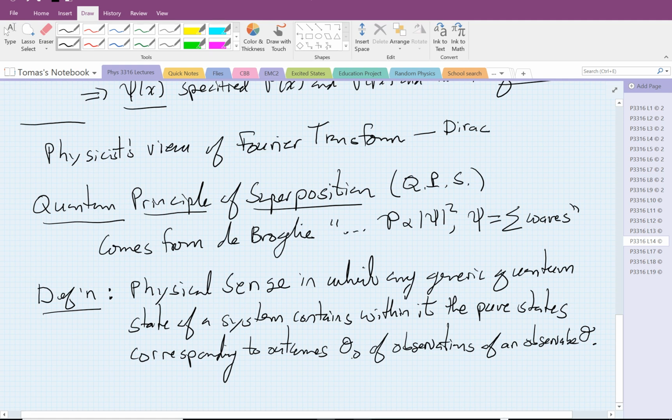These pure states somehow come out of the initial generic quantum state. So for that initial state to yield these pure states upon measurement, they must somehow be contained within the initial state of my system. So maybe I'll make it any initial quantum state.